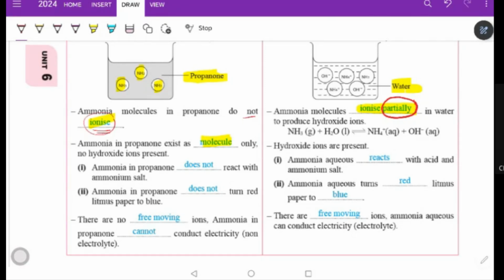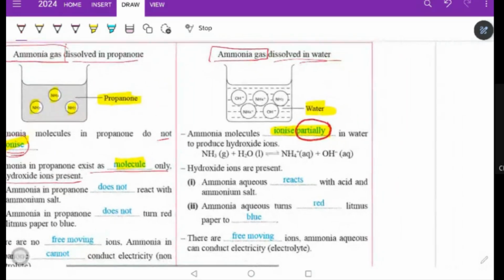So it still exists as molecules only, no hydroxide ions are present. So you have to mention these 2 points. How many marks? 5, right? So there are no hydroxide ions, so it cannot change the universal indicator to blue color. So it just shows universal indicator is green color.